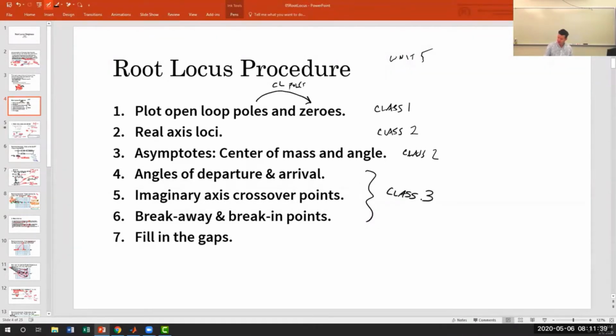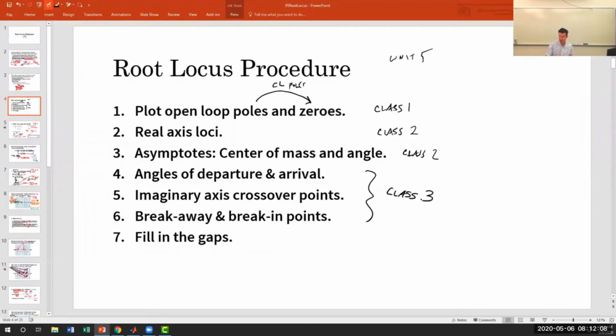And just to remind you, angles of departure are at what angle do the branches leave the complex conjugate open loop poles, and the arrivals are at what angle do the root locus branches arrive at the complex conjugate open loop zeros. The imaginary axis crossover points are exactly what you would think they are. They are the points on the imaginary axis where the root locus branch crosses from one side to the other, either left to right or sometimes right to left.